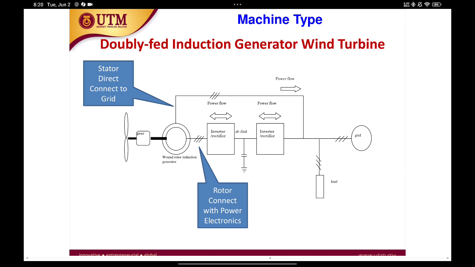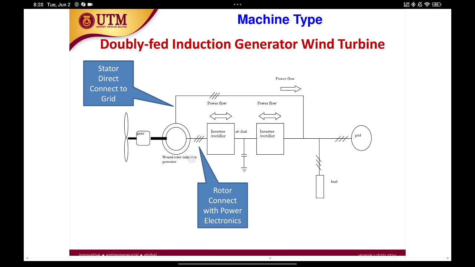The generator stator is directly connected to the grid. But for the rotor you have a cycloconverter here. What it means by cycloconverter, you have a rectifier, the grid is AC, become DC, and then DC become AC back.